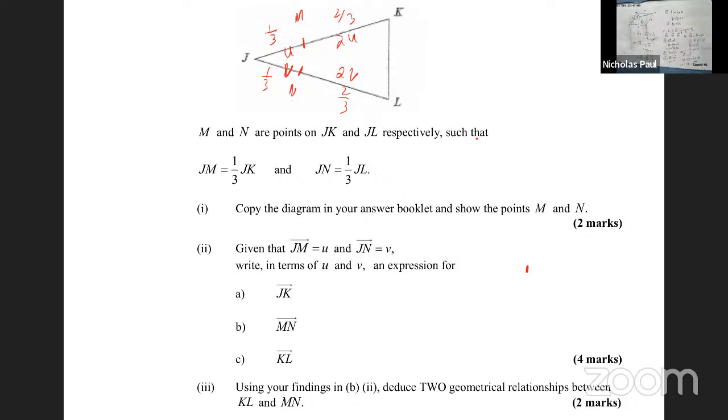I just took off the 1/3 and 2/3, you don't really need that in this case. Put your arrows, of course. Hishal, tell me what JK is first.